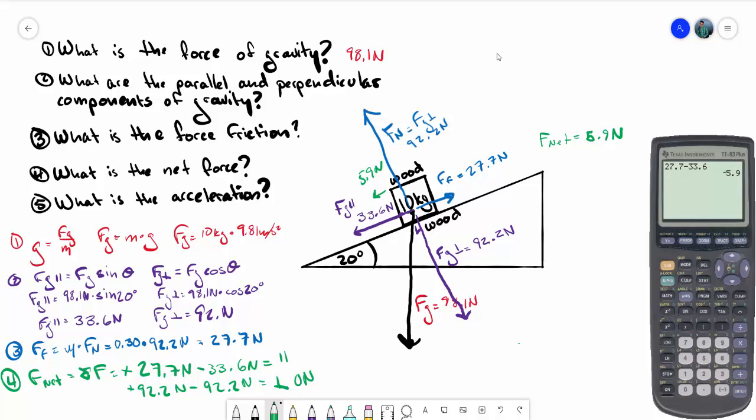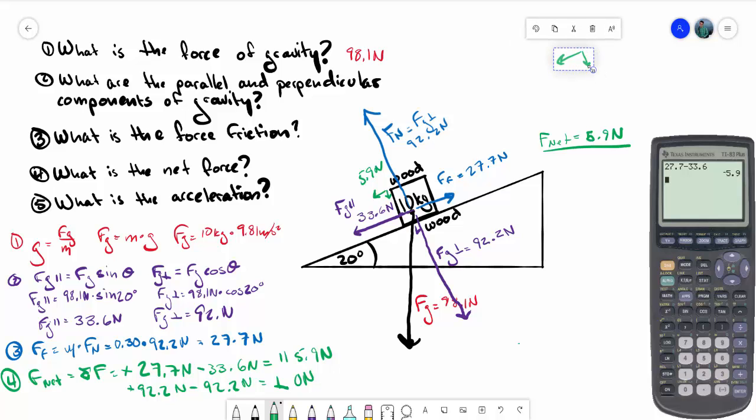And the parallel components we calculated to be 5.9 newtons. Since there's nothing happening along the perpendicular axis, we can just refer to the parallel axis, and that would give us the actual F net. If there was an unbalanced force along the perpendicular axis, it would look something kind of like this. And if you have an arrow going parallel and an arrow perpendicular, you have to rearrange these a little bit.